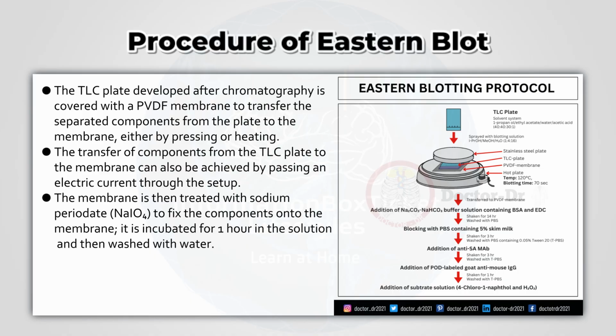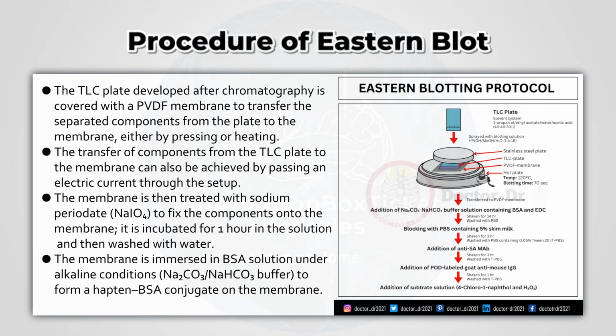It is incubated for 1 hour in the solution and then washed with water. The membrane is immersed in BSA solution under alkaline conditions, sodium carbonate, sodium bicarbonate buffer, to form a hapten BSA conjugate on the membrane.